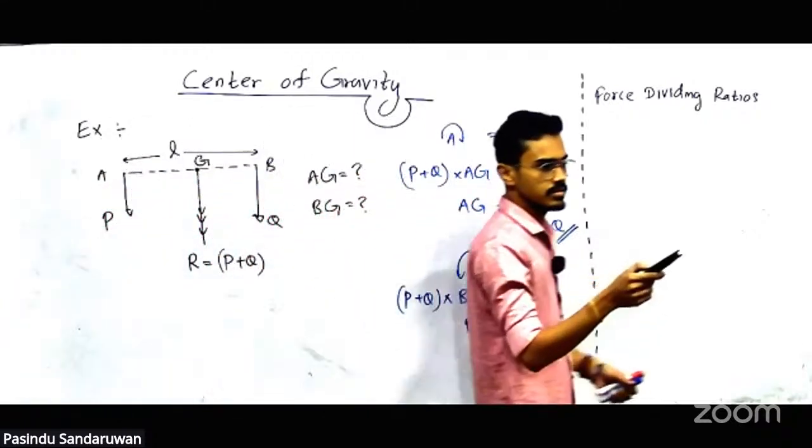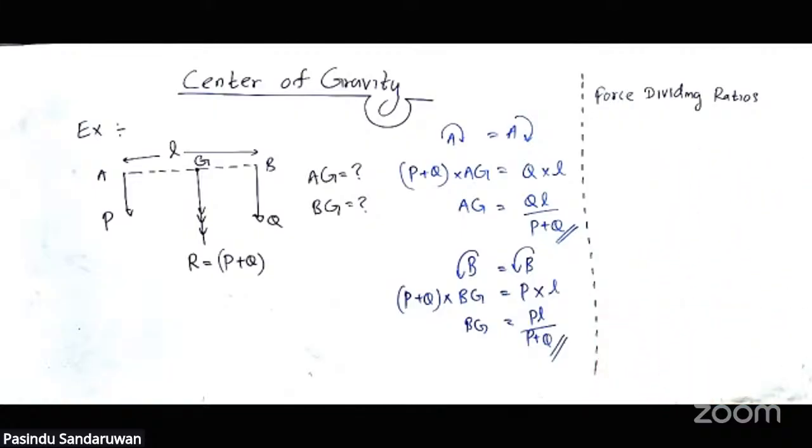What happened? Did you find a mistake? See, the intention of removing R is to get P plus Q. Otherwise, you will get a relation between X and Y. So this equals this.